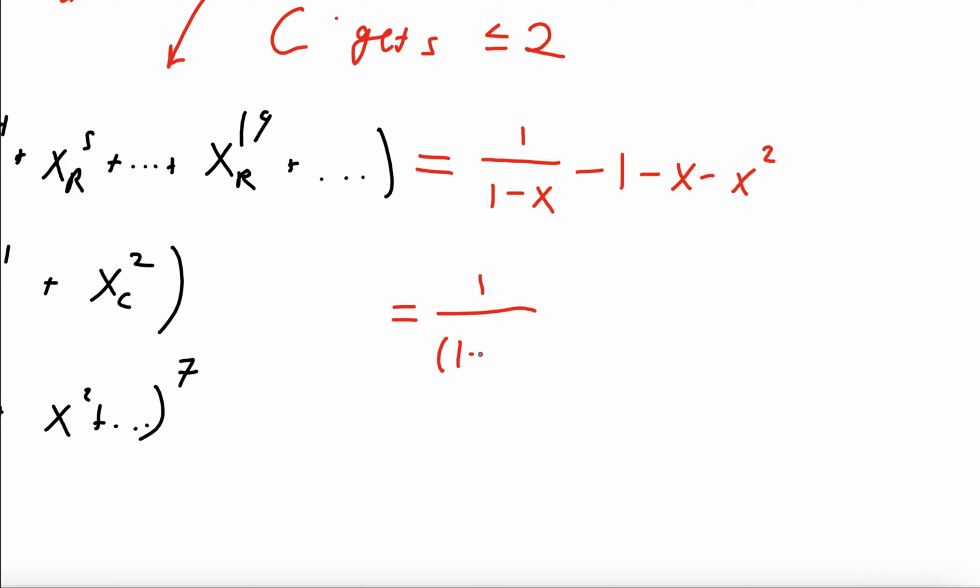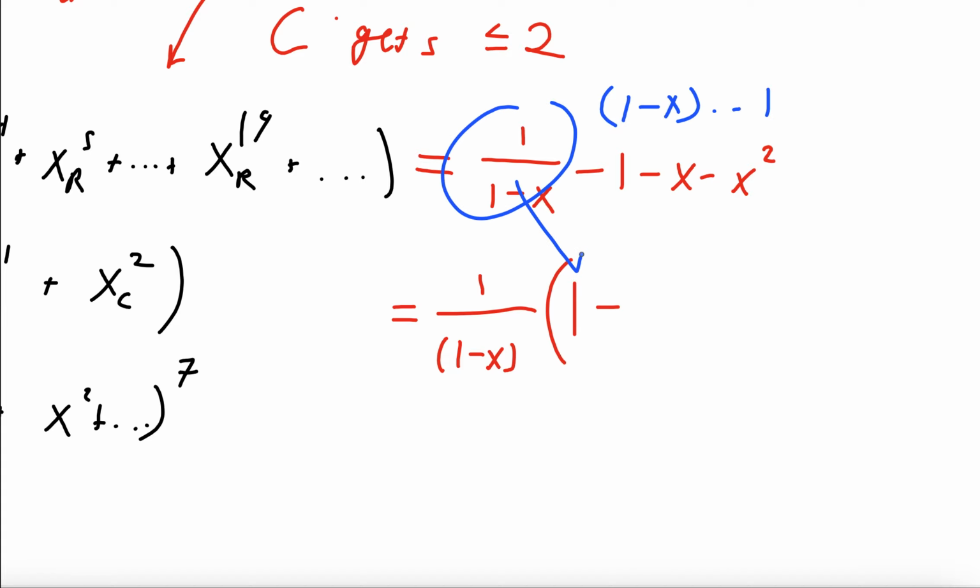So you get 1 over 1 minus x factored out. You have to multiply by 1 minus x here. And so 1 minus x times minus 1 is going to be minus 1 plus x. So you have 1 over 1 minus x times, this becomes 1, minus 1 plus x.